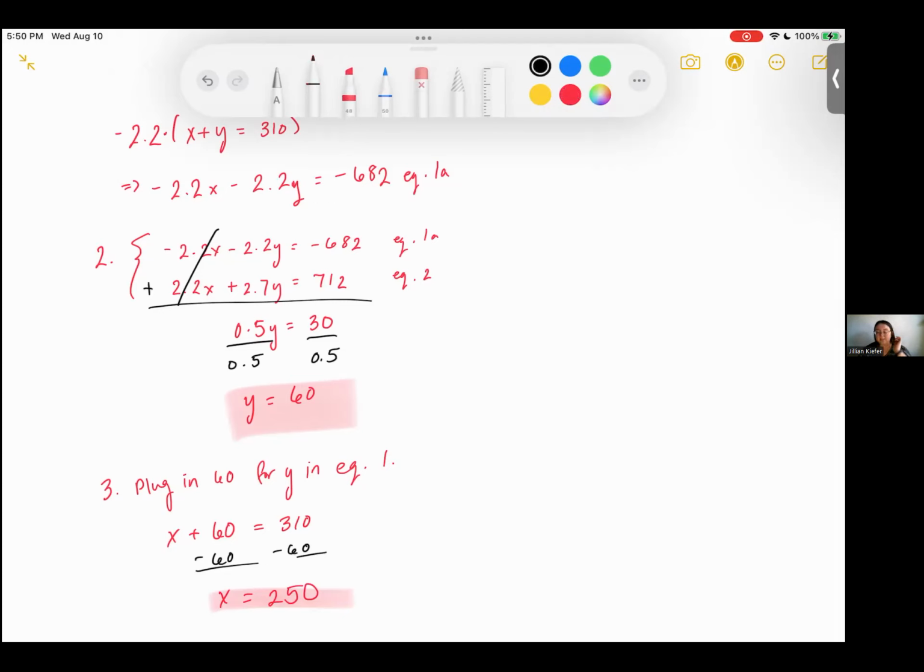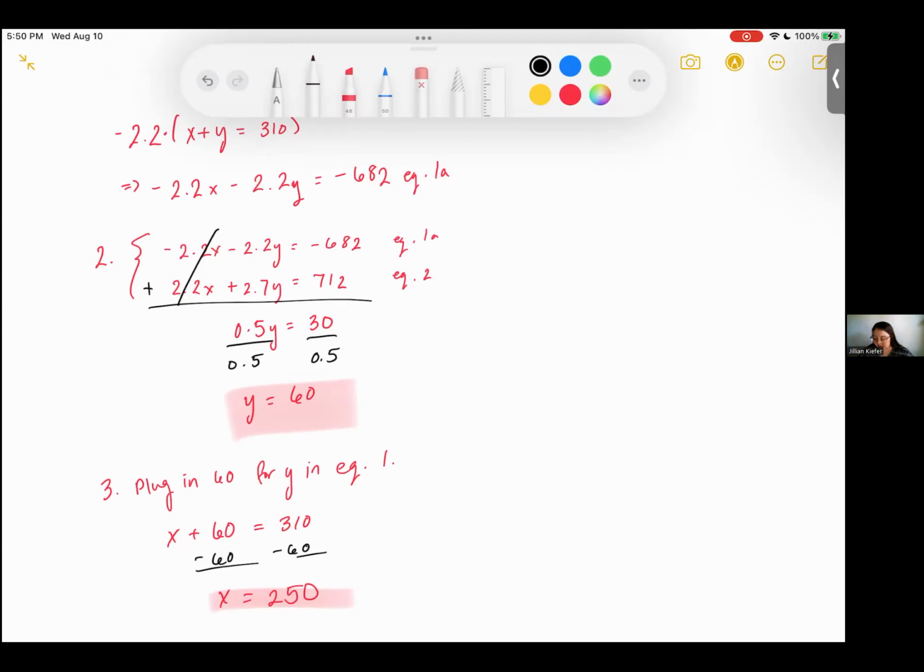So we know what y is and we know what x is. The last thing that we need to do, which is a very, very minor step here, is relating it back to the problem. The question was, how many gallons of regular gas and how many gallons of premium gas did you sell?